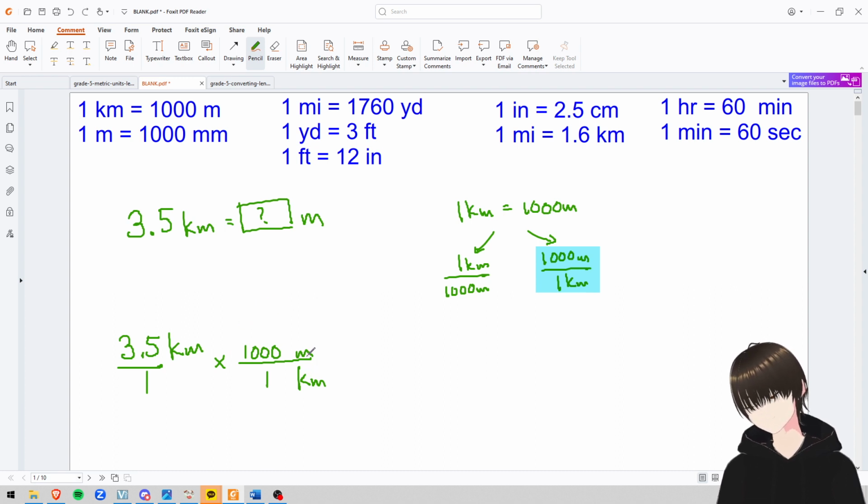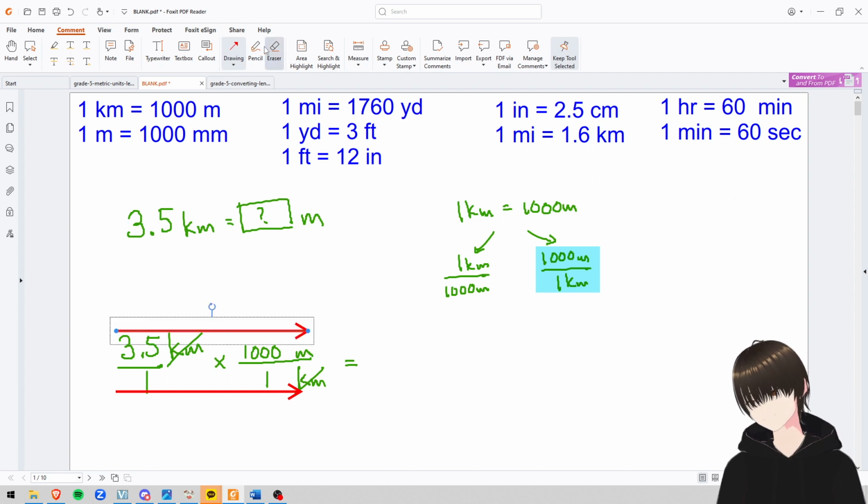Right? That's the argument. So what does this equal? Well, kilometers and kilometers are going to divide each other out. The units, quote unquote, divide each other out. All that's left is to multiply across. The denominator is 1 times 1.